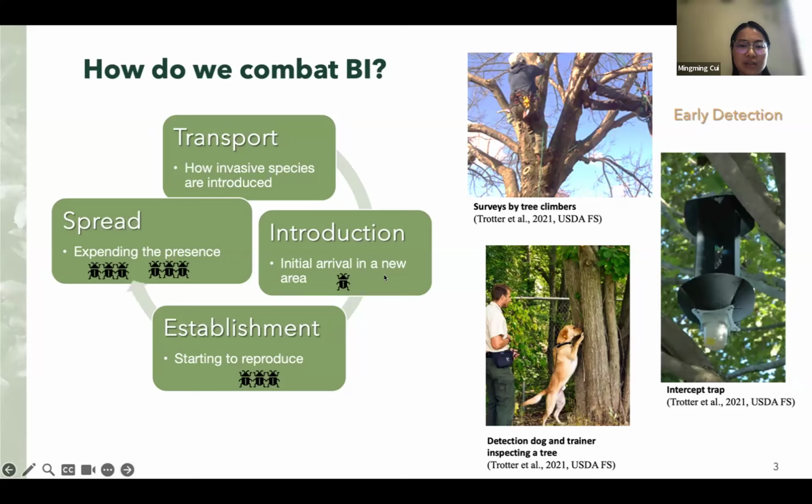At each of these stages, actions can be taken accordingly, from preventative measures to chemical, physical, or biological control. Among all these strategies, early detection and eradication are the most cost-effective, such as visual surveys, bait traps, and biosurveillance animals.